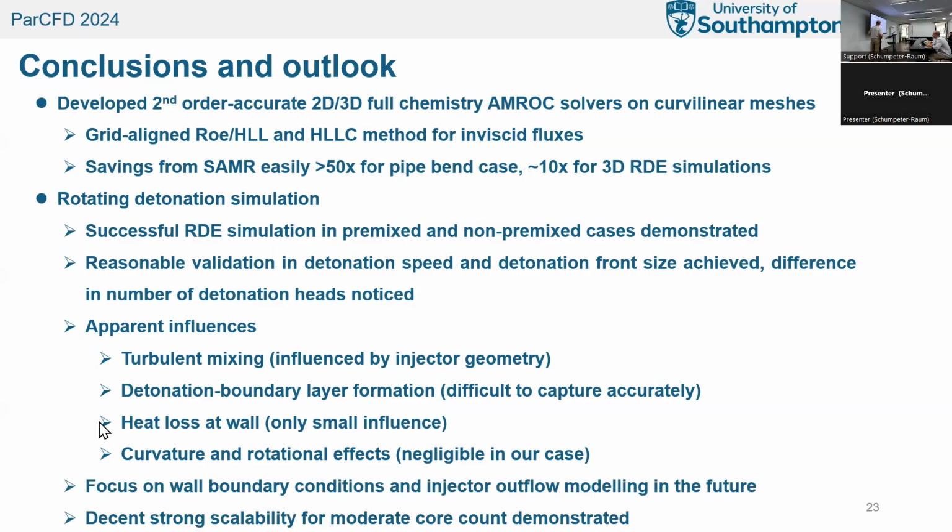For the future, in particular, considering the boundary conditions at the wall is something we want to work on. What I haven't shown you is the complexity the plenum can add, where all the injection is coming from, and including that will also be an objective for the future.